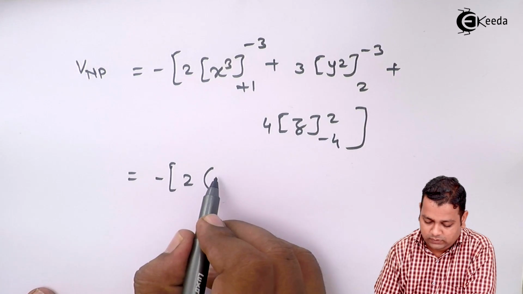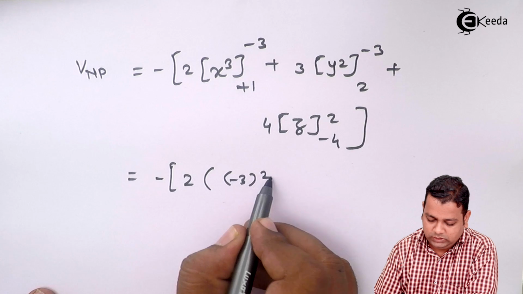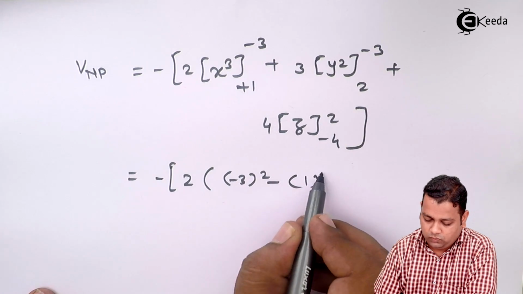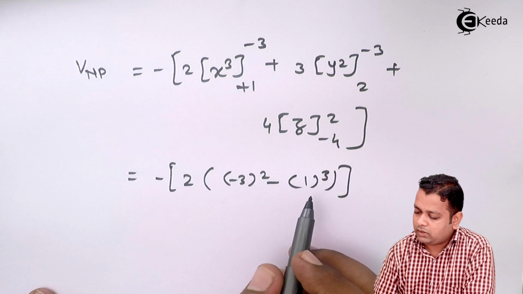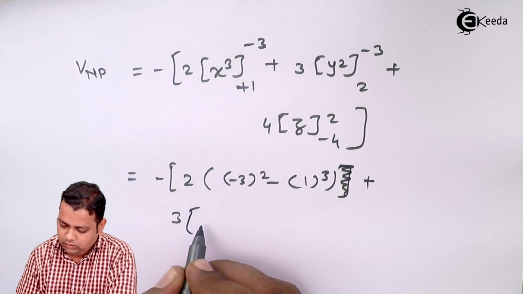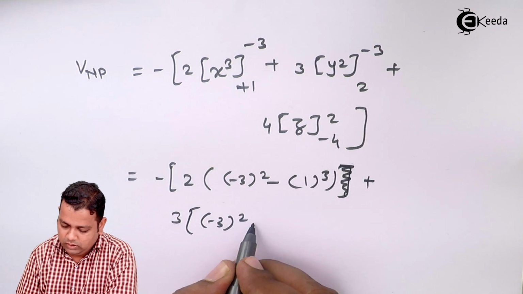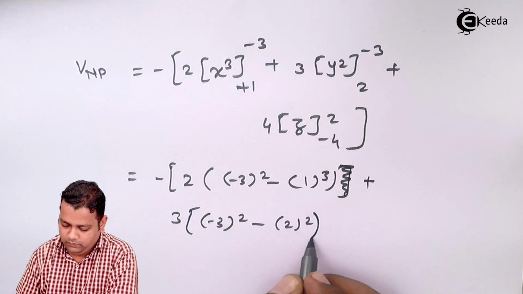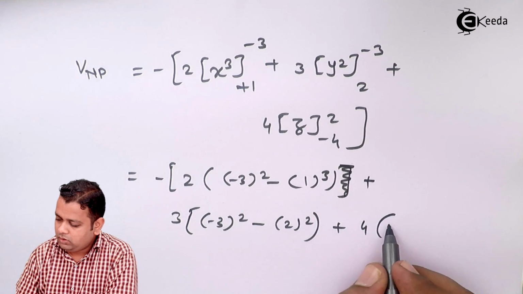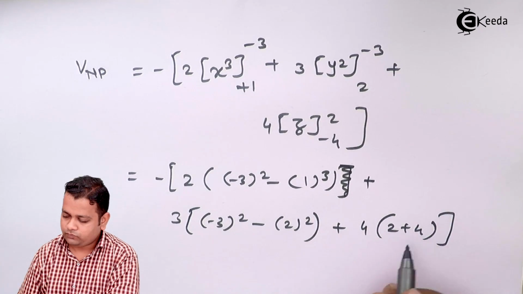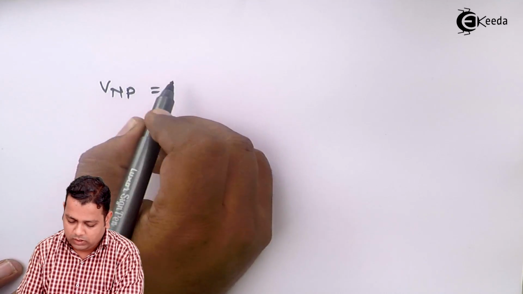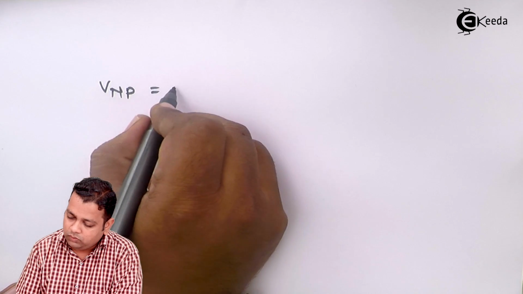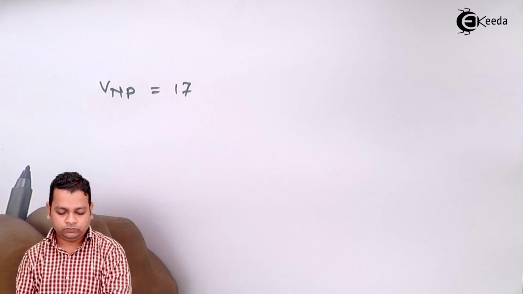That is why this is minus 3 cube minus 1 cube. Yes, this is the bracket complete. 3 in bracket minus 3 square minus 2 square plus 4 into 2 plus 4. So finally we shall be writing VNP we have obtained equal to 17.